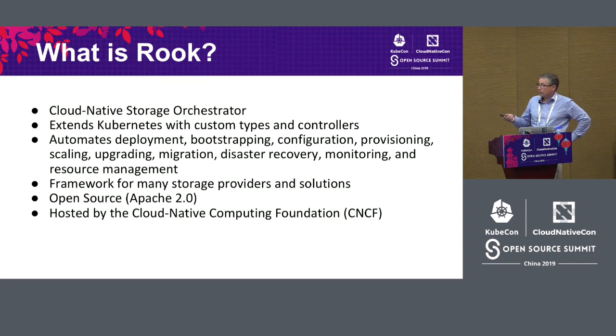It automates deployment, bootstrapping, configuration, provisioning, scaling, upgrading, migration, disaster recovery, monitoring, and resource management. These are all very complex tasks, and if you do this by any other means, you will have to think about re-implementing something which they call Kubernetes. So that's why we're leveraging Kubernetes for these purposes.